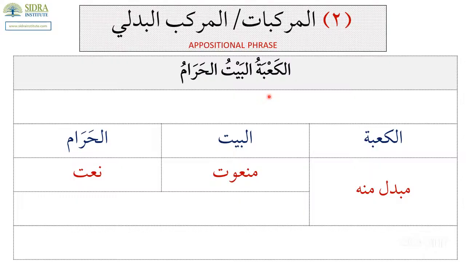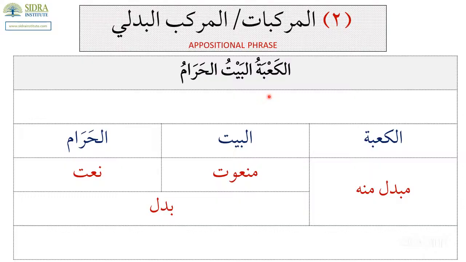Now the man'ut and na'at will group together and become the same reference as the word mentioned before, al-Ka'batu. So we will give it the tag here of badal. It's an appositional substitute. In other words, if you were to put the phrase al-Baytul Haram in place of al-Ka'batu, it refers to the same entity. And that is the case here.